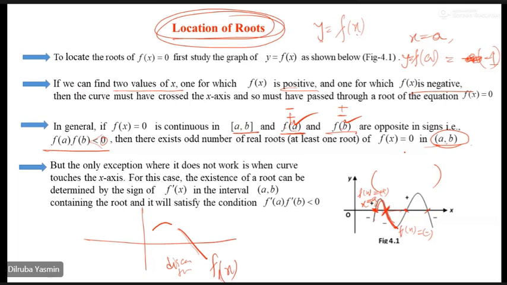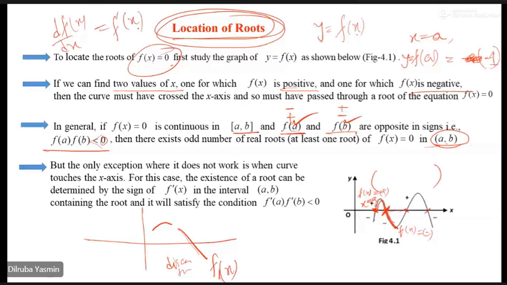So these conditions should be satisfied to find the location of roots. Sometimes you find that these criteria don't work. So what should we do? When these criteria don't work for the provided function f of x equal to 0, you have to take the first derivative of the f function with respect to the independent variable so that you get f prime x.